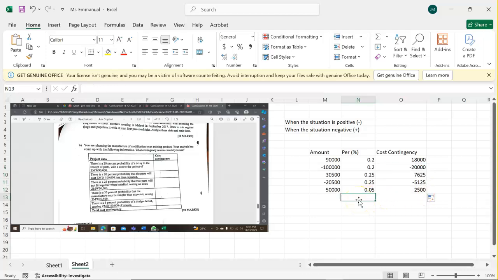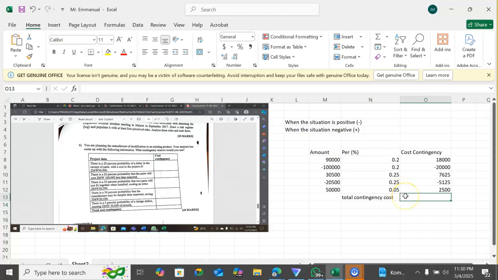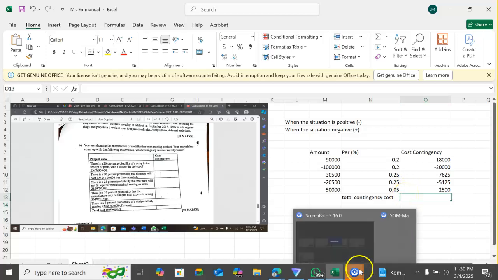So to find the total contingency cost, you add everything. So you sum up everything.